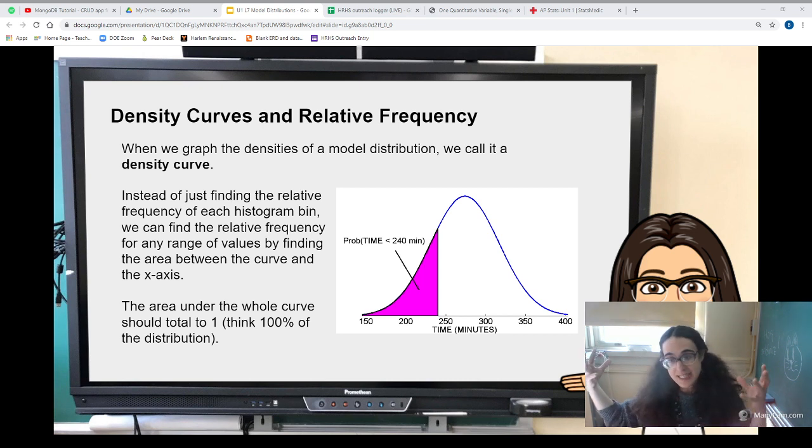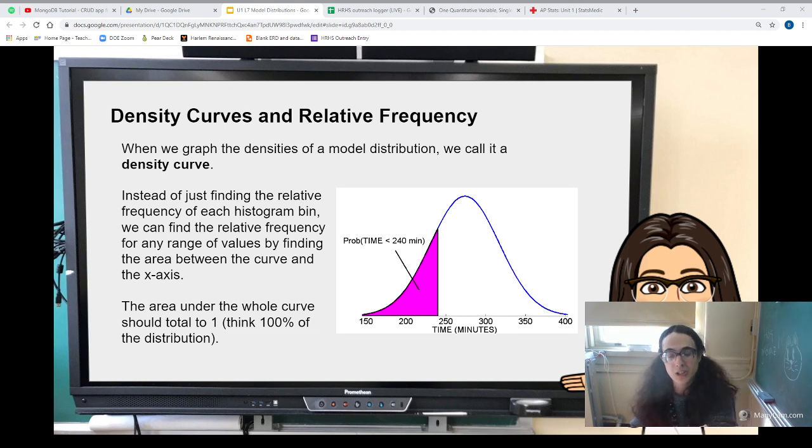If we actually did this, say 500 times, we measure out this time interval, take 500 measurements and make a histogram, we could still ask that question, right? What percentage of the times were 240 minutes or less? In the model, it's more predictive. It's not really describing existing data.